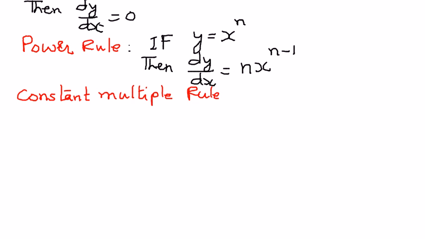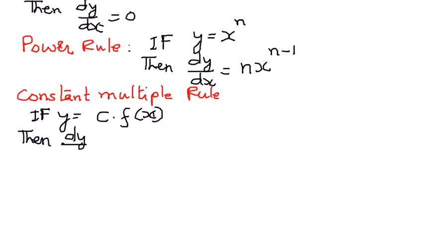If y is a constant times a function, then we can write the first derivative as follows. dy by dx is equal to the constant times the derivative of the function.